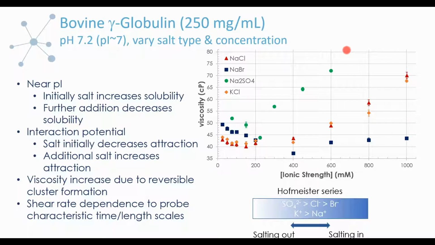So I'm picking one down here where I'm starting to theoretically salt in the system, presumably reducing attractions and the likelihood of clusters, and then the other extreme case where I'm salting out, increasing attractions and then potentially increasing cluster formation. So we're going to pick those two samples and look at shear rate dependence and see what we can pull out of there.